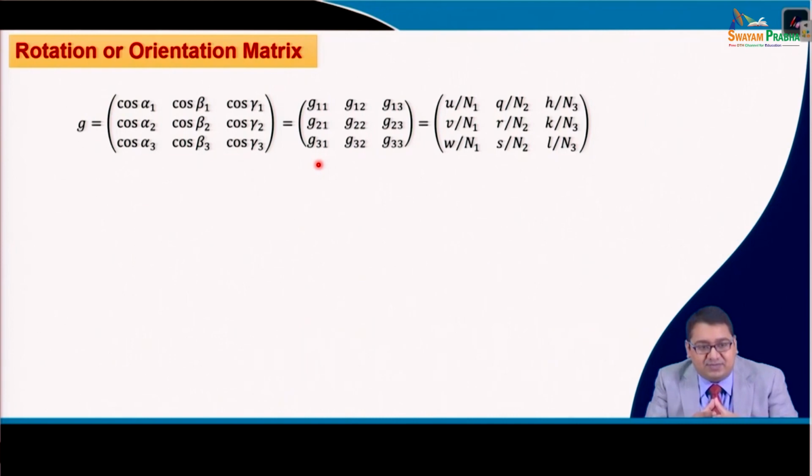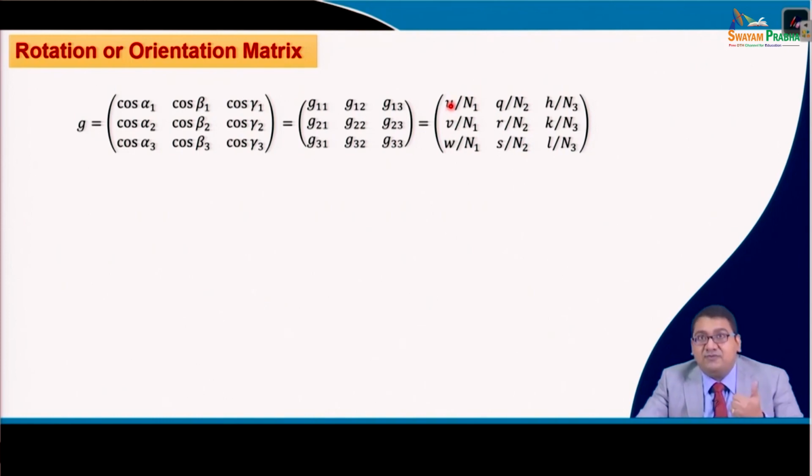And as we have seen, it is the relationship between RD, TD and ND with 1 0 0, 0 1 0, 0 0 1. Of course, then G11, G21 and G31 are related to RD.